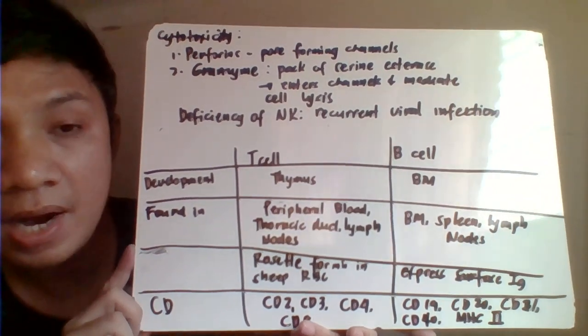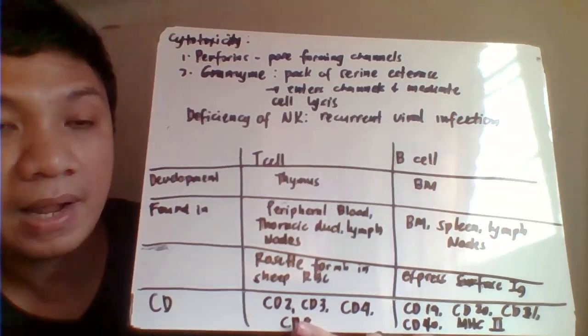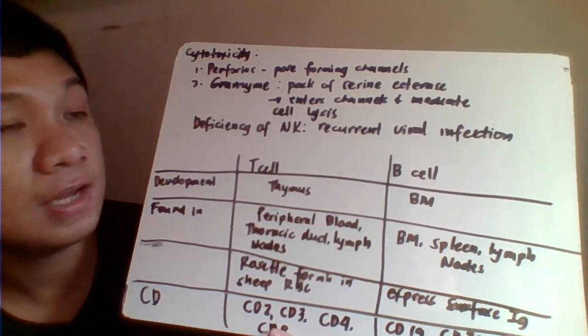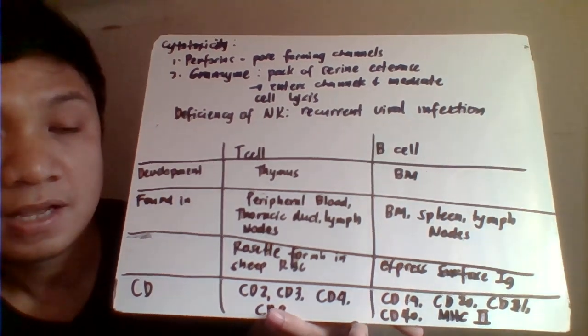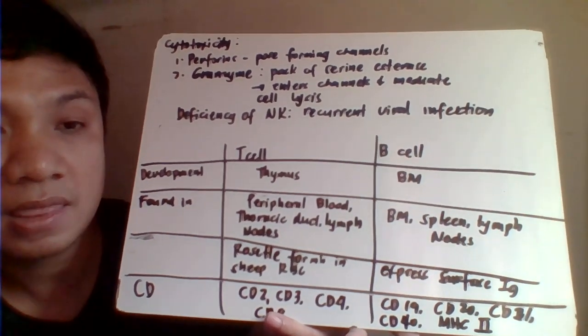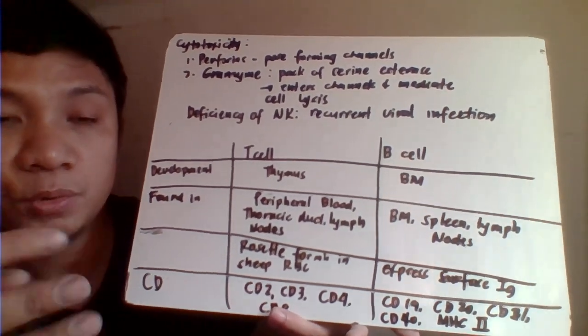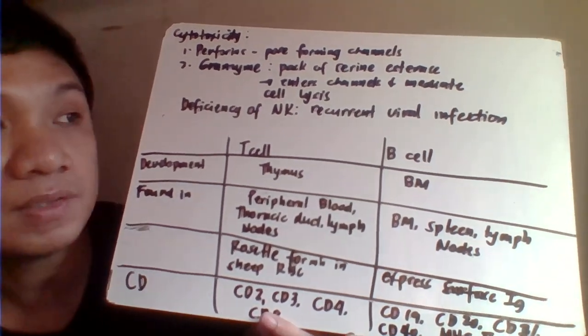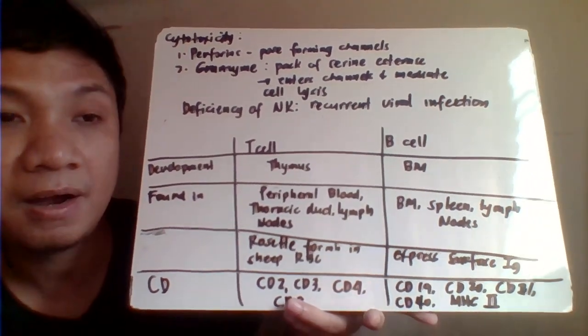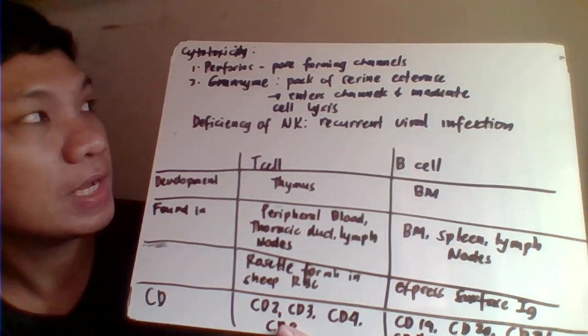Okay, so primarily the cytotoxic activity of our NK is because of, number one, the presence of perforins. The perforin is a channel protein that produces a hole on the surface membrane of your cell. And we also have the granzyme.